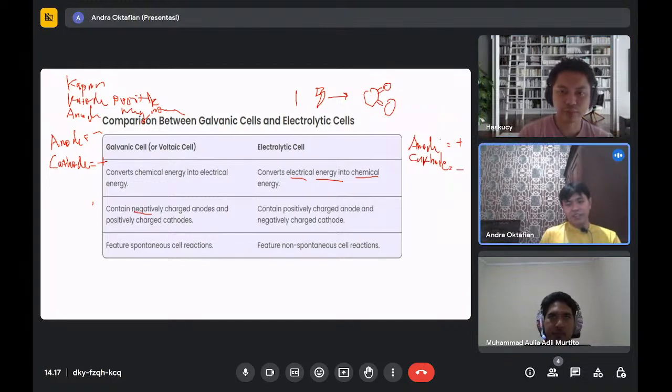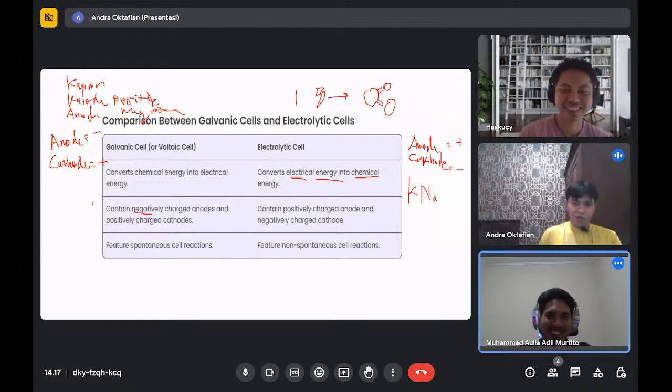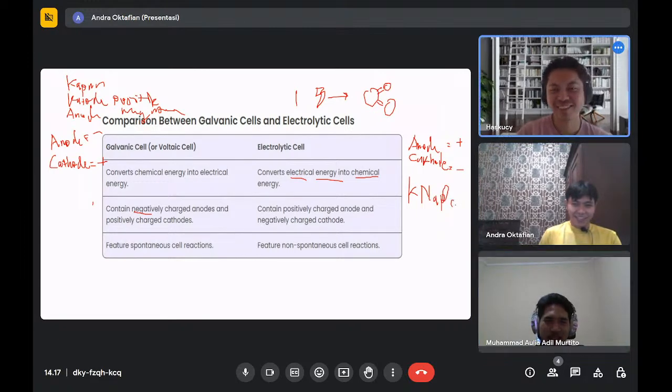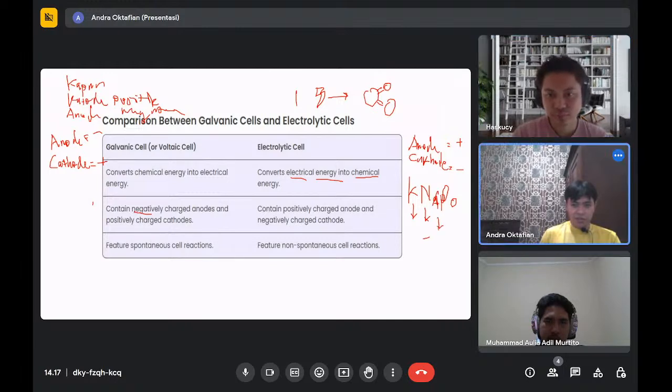We may create an abbreviation such as kenapo, kenapa? Why? Because the cathode is negative and the anode is positive.